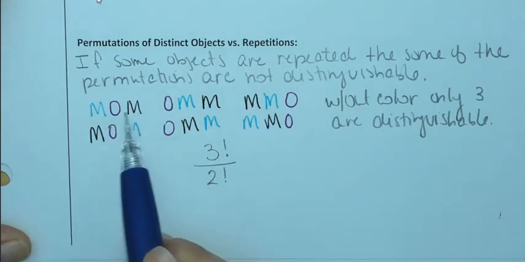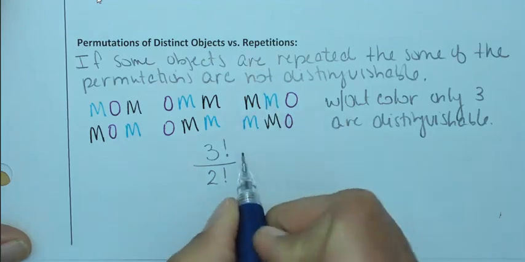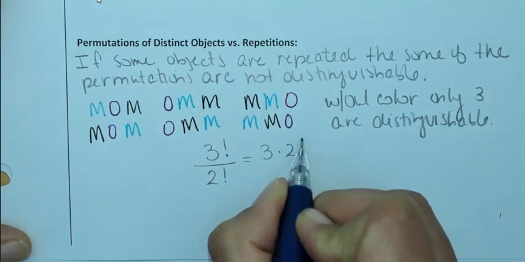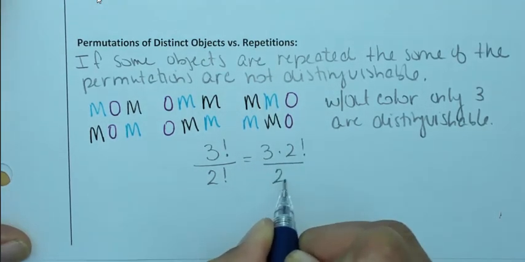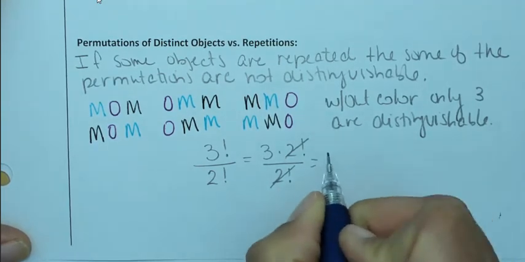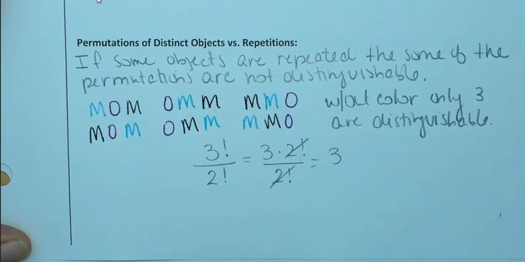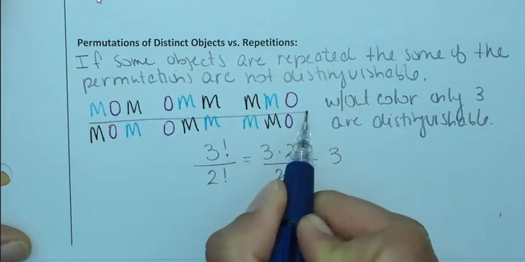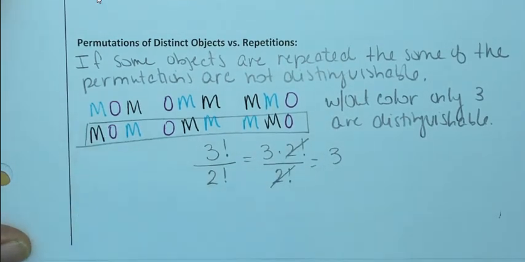So the 2 M's are repeating. Well, this is really the same as 3 times 2 factorial over 2 factorial. I'll reduce those 2 factorials and get a 3. So really there's only 3 distinguishable orderings. Okay?